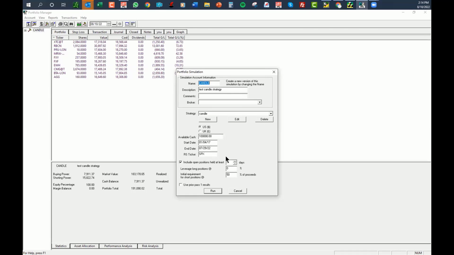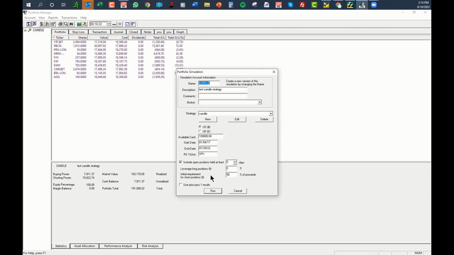Couple of things here. This is just for calculations when it does statistics at the end. And once we get to the end of a testing period, do we want to include any open positions that are still not closed out yet? Because by the time we get to running the test, there's bound to be some positions still open. So yeah, leave those in there is what I do.